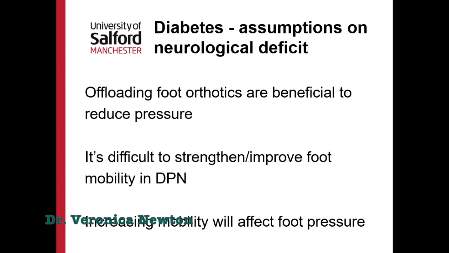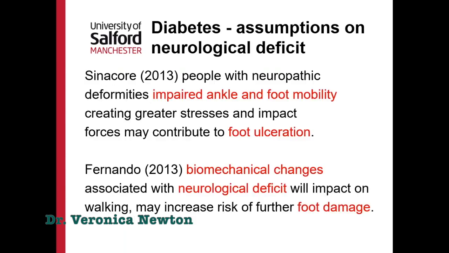Increasing mobility is a concern with people who have neurological deficit in diabetes because it is a concern that that might potentially affect foot pressure. However, the benefits are that it improves mobility and helps to increase strength and potential muscle mass.